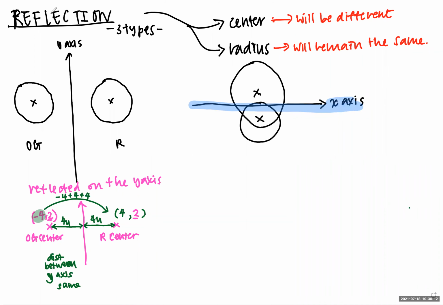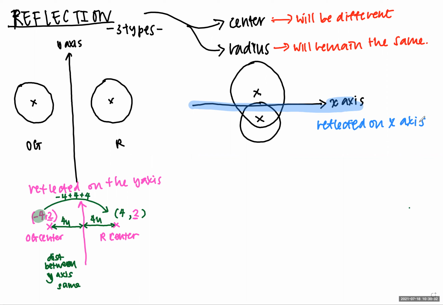So right now, it is a reflection on the x-axis. When it's reflected on the x-axis, what do I care about? What will I draw now? Will I draw everything? I'll just focus on drawing what first?